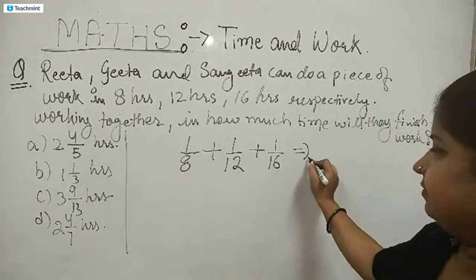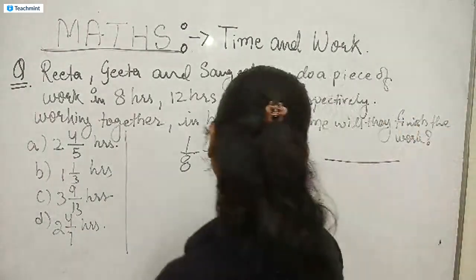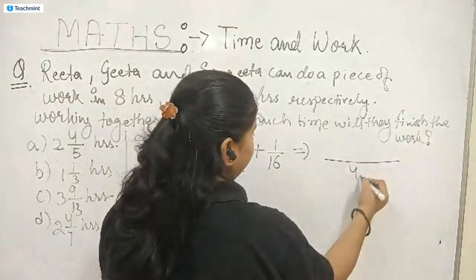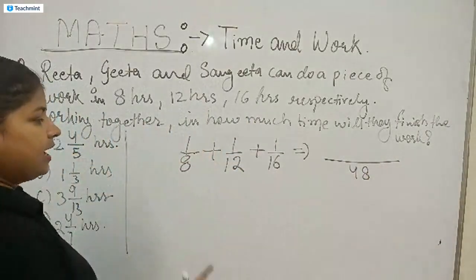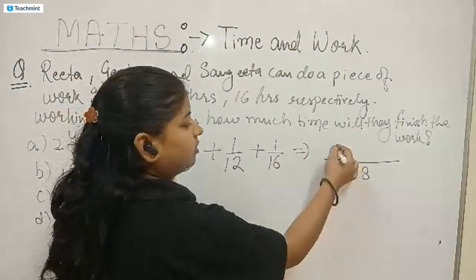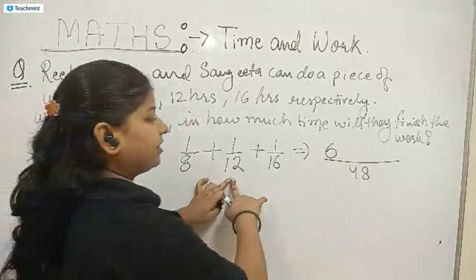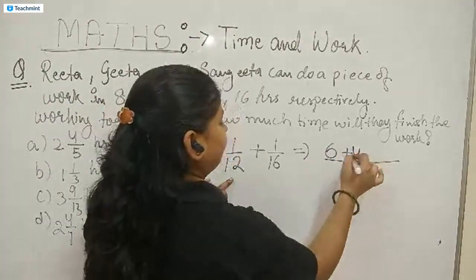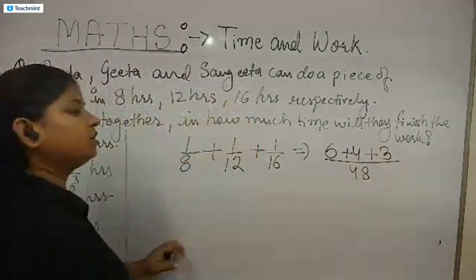Now add them. So 8, 12, and 16, the LCM will be what? 48. 8 into 6 is 48, so I will take 6. 12 into 4 is 48, so I will take 4. 16 into 3 is 48, that's why I took 3.